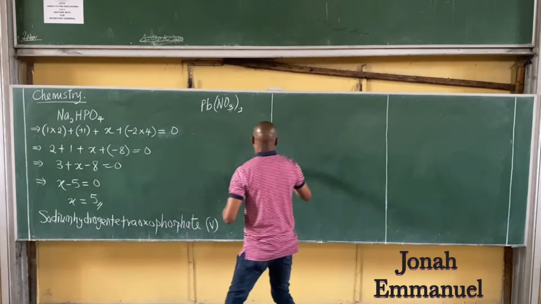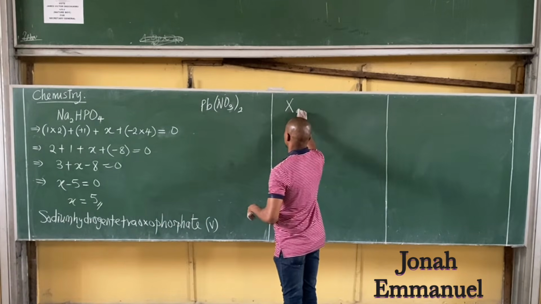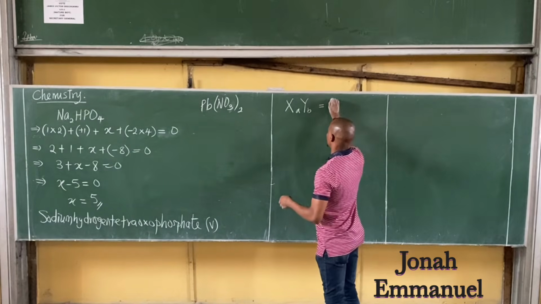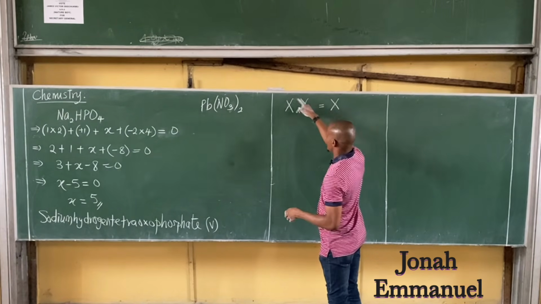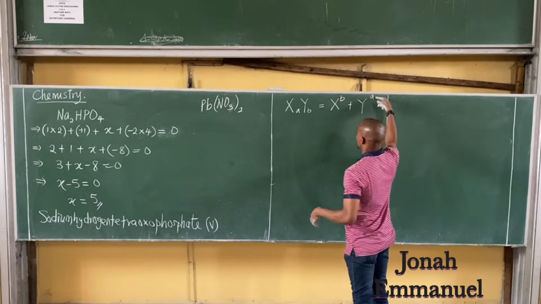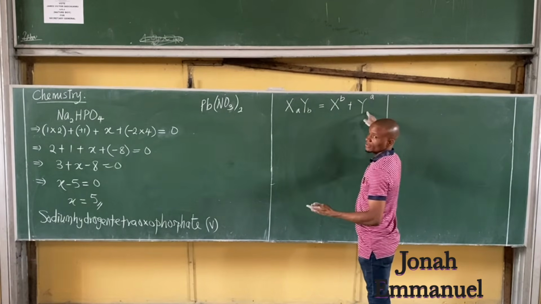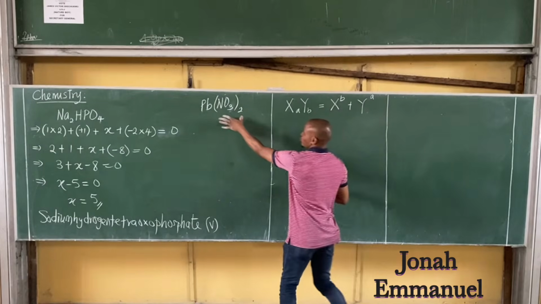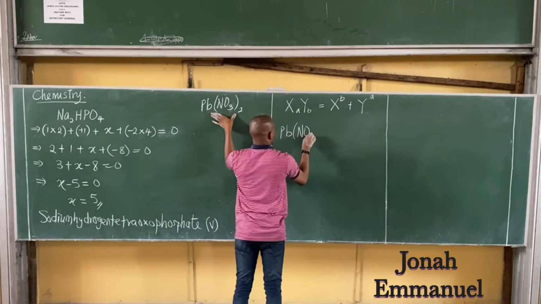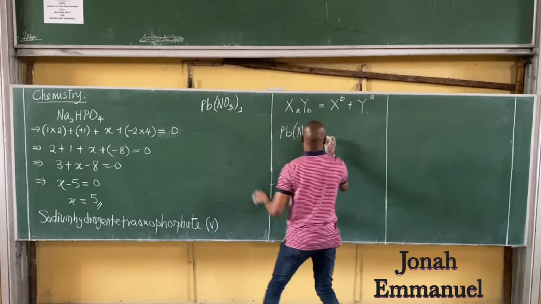We said if a compound is XAYB, what does it mean? It means X has this part, B, and Y has A. They will exchange parts. So in this case, from having Pb, then NO3 twice, what does this mean?